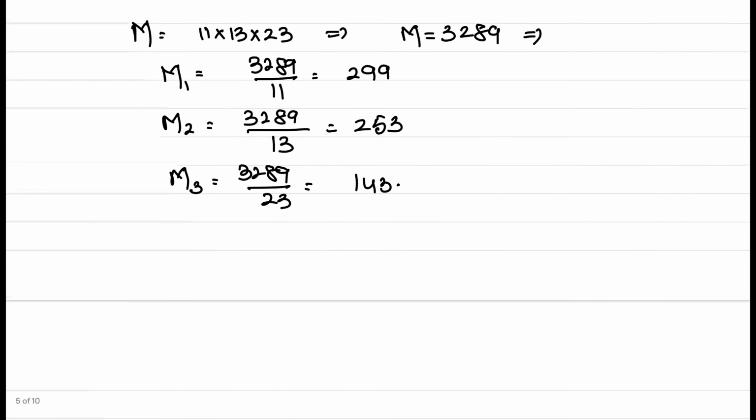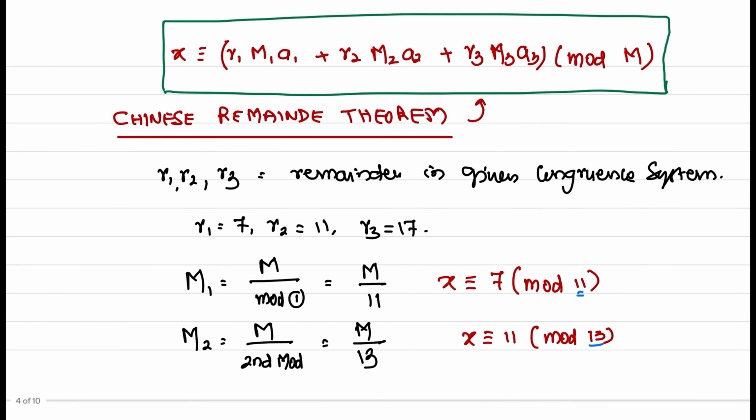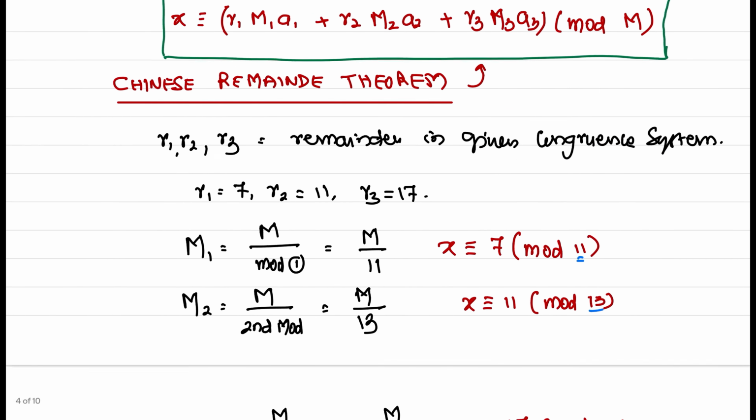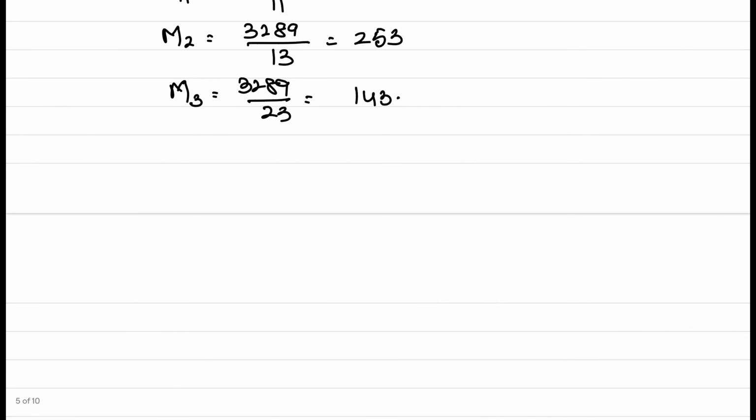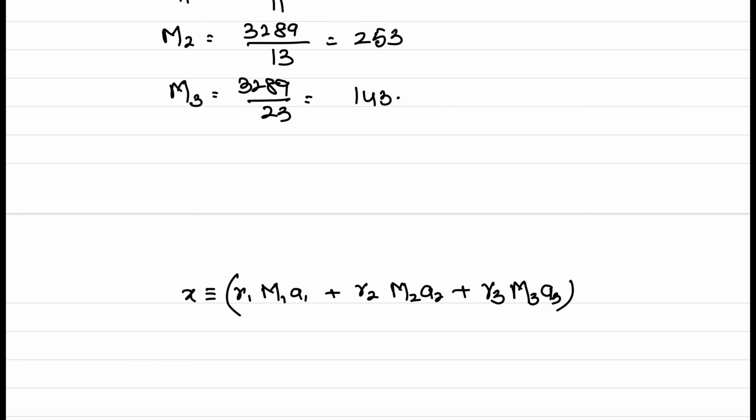We have, what is the equation of the Chinese Remainder Theorem? X equivalent to R1 M1 A1 plus R2 M2 A2 plus R3 M3 A3 mod overall modulus.